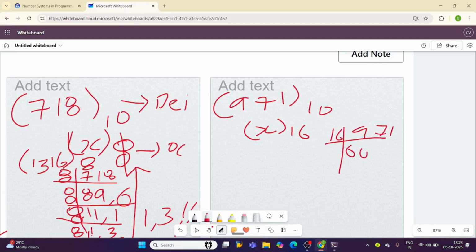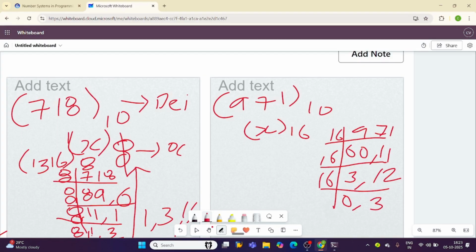The quotient will be 60 and 11 will be the remainder. Then divide 60 by 16: 3 will be the quotient and 12 will be the remainder. Then 3 divided by 16 gives 0 as the quotient and 3 as the remainder.